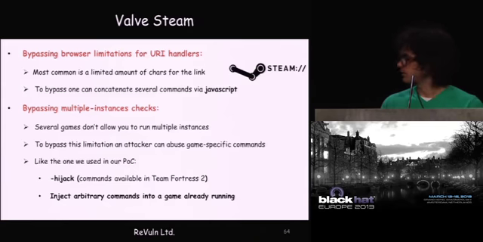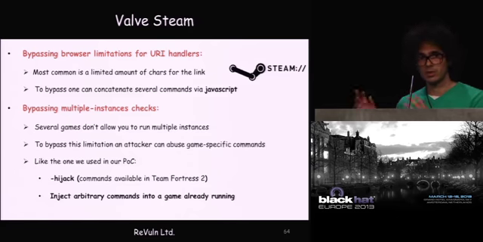The first one is Steam, the digital content delivery platform developed by Valve, for which we released a paper in October of last year. This platform allows passing remote command line arguments to locally installed games via URI handlers.